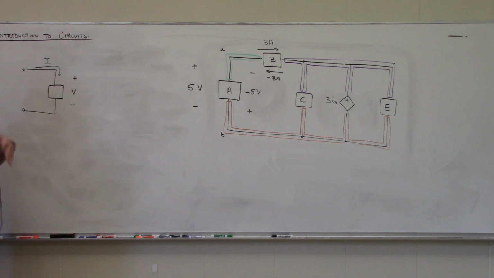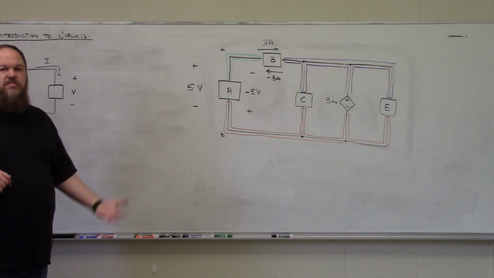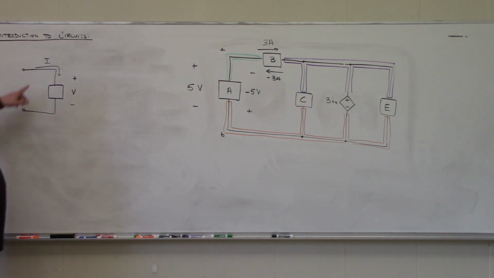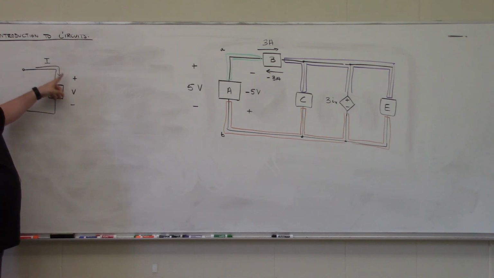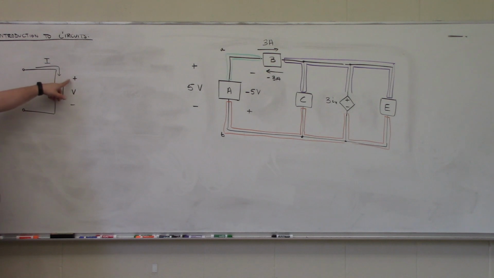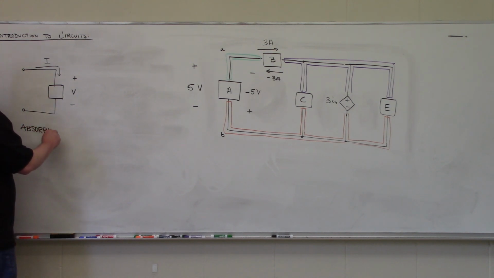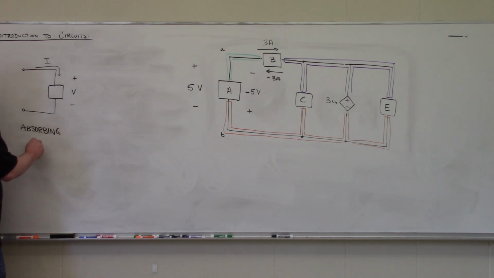But what we're going to be paying attention to is whether or not the element is absorbing power or supplying power, okay? So this current I, as I have drawn it, is flowing into the positive polarity terminal of the element based on where the positive polarity of the voltage is. So when the current is flowing into the positive polarity terminal, we consider this element to be absorbing power.